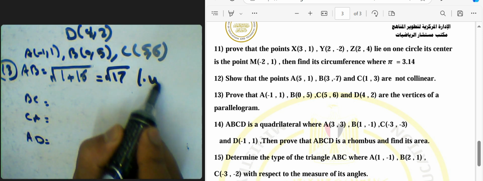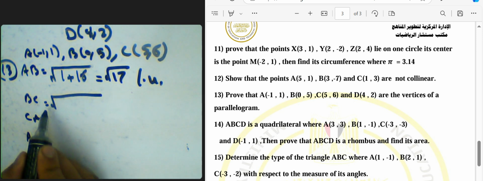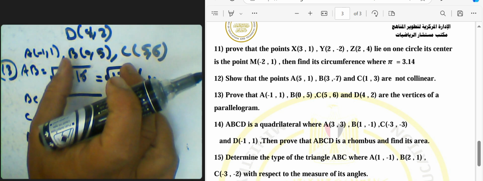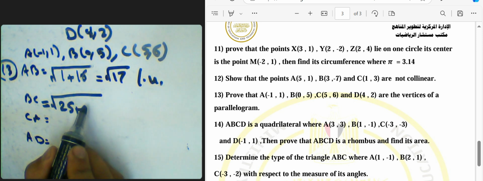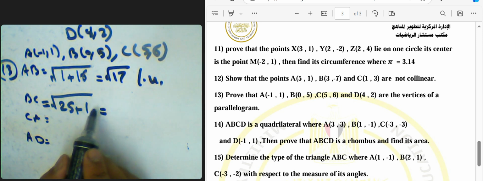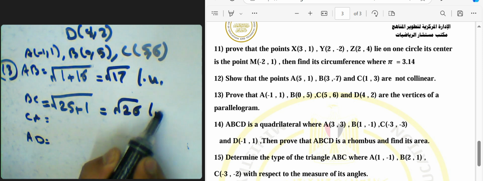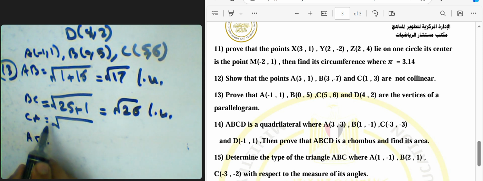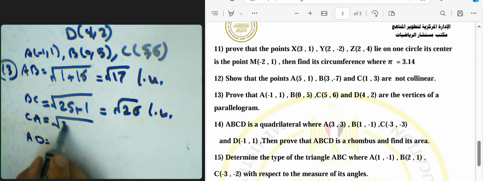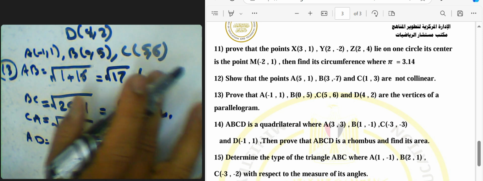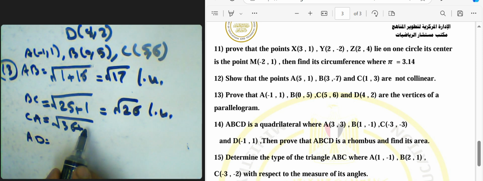Square root of 17. BC, 5 minus 0, 5, 5 power 2, 25. 6 minus 5, 1, 1 power 2, 1. The result will be square root of 26 length unit. CA, 5 minus minus 1 will be 6, 6 power 2 equals 36. 6 minus 1, 5, 5 power 2.